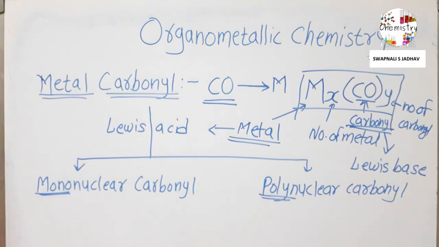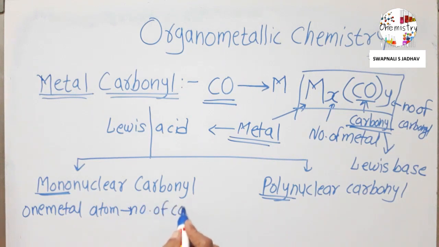The definition of mononuclear carbonyls: carbonyls in which one metal atom is linked with a number of carbonyl groups are called mononuclear carbonyls.